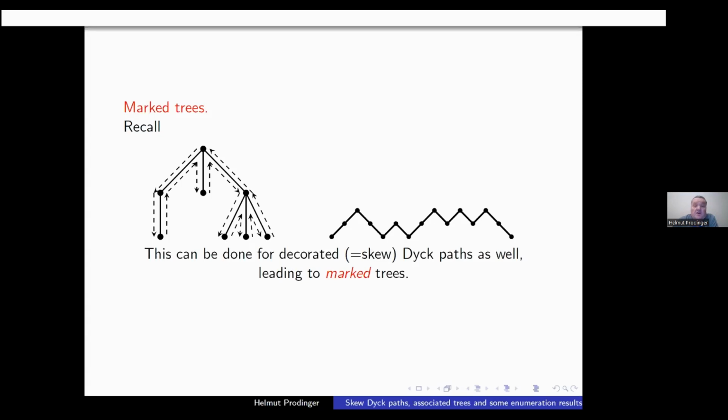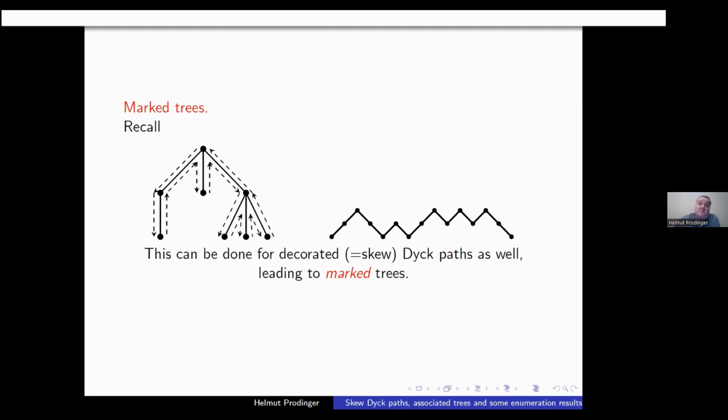And one can do this now for the skew Dyck paths as well. And you recall that the skew Dyck paths have some red downwards edges. And in this case, we get some trees that are marked.